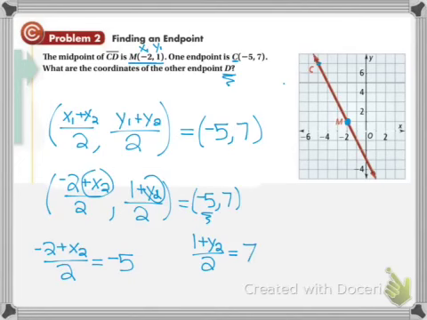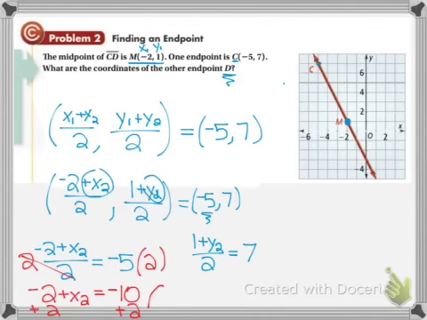Now these are just algebra problems, so I can go through and solve them. If I multiply each side by 2, these cancel and I get -5 plus x2 equals -4. Then I can add 5 onto each side, and I end up with x2 equals -4 plus 5, which is 1. So that is the x-coordinate of my other endpoint.